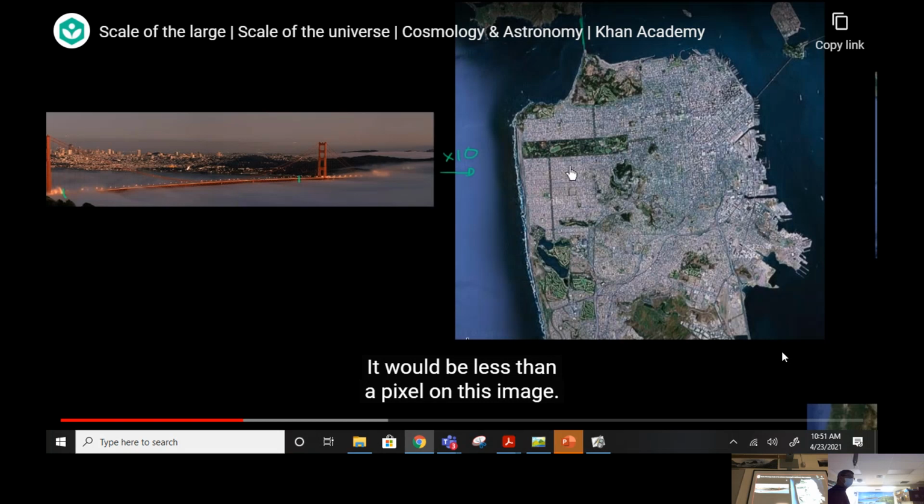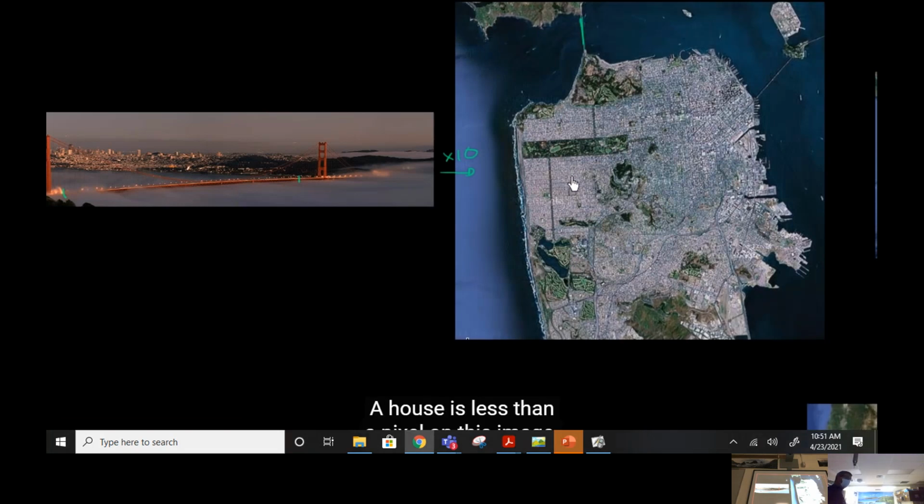You wouldn't actually be able to see it. It would be less than a pixel on this image. A house is less than a pixel on this image.